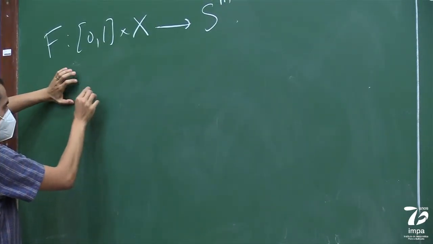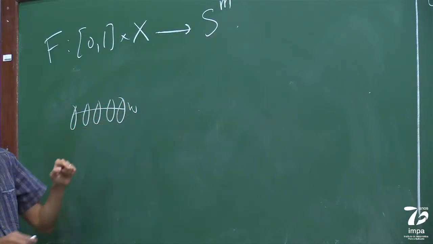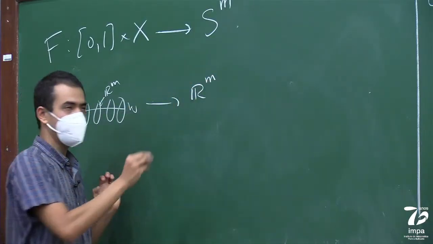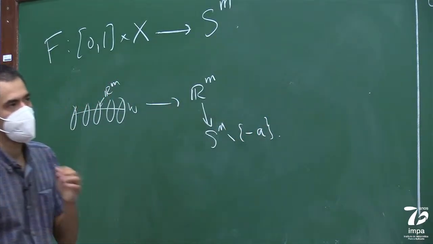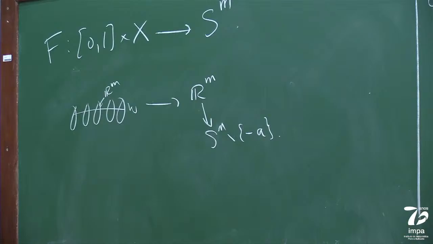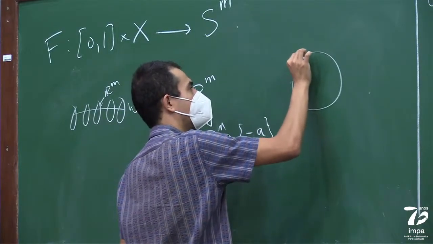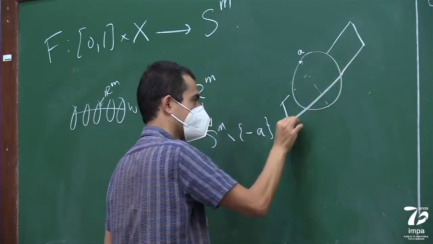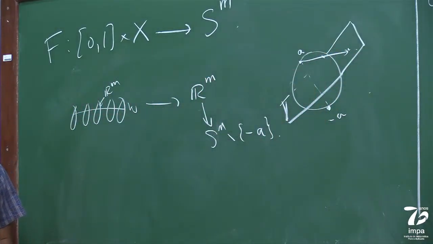So if I'm in this cylinder and I have these copies of Rm, I first project to Rm, and then I use a stereographic projection to project it to Sm minus a. So I have my sphere, I have my point a, and I do this stereographic projection like this. There's a formula for this, which I'm not going to do. I think you can do this.